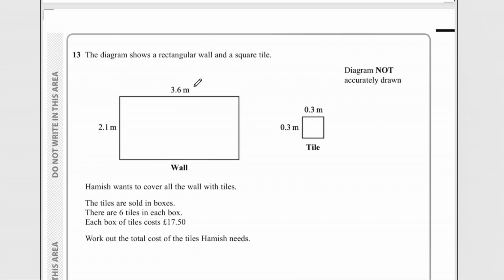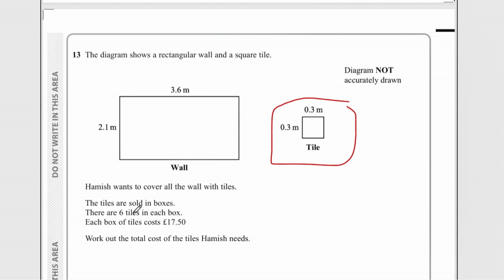Okay, question 13. Let's go on. The diagram shows a rectangular wall and a square tile. Hamish wants to cover all the walls with tiles. They are sold in boxes. There are 6 tiles in each box. The box of tiles costs 17.5. The first thing is you know the dimensions of the tile, 0.3 times 0.3.